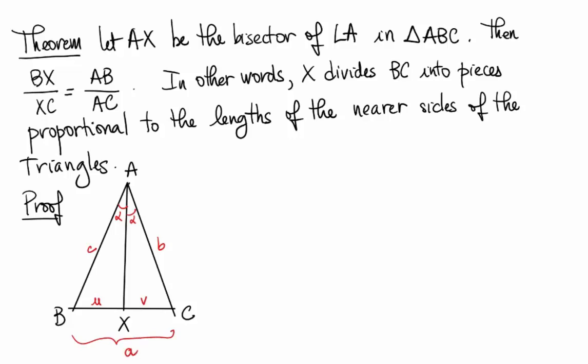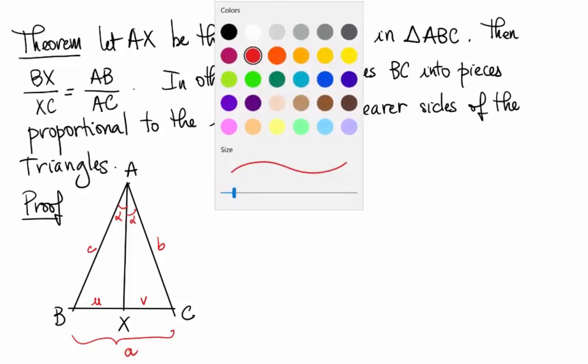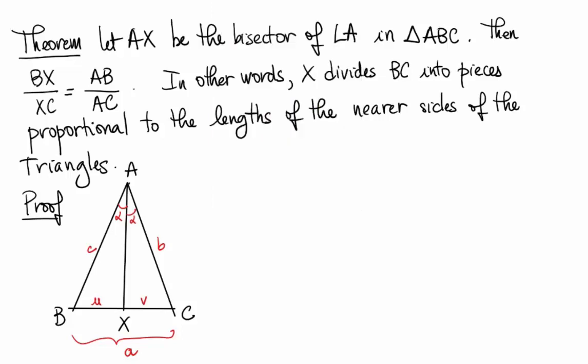So if you were to prove this result, we really want to show that u over v is equal to c over b.